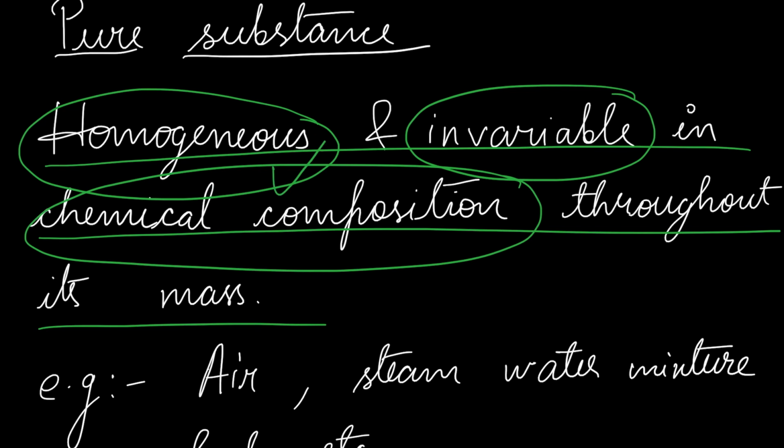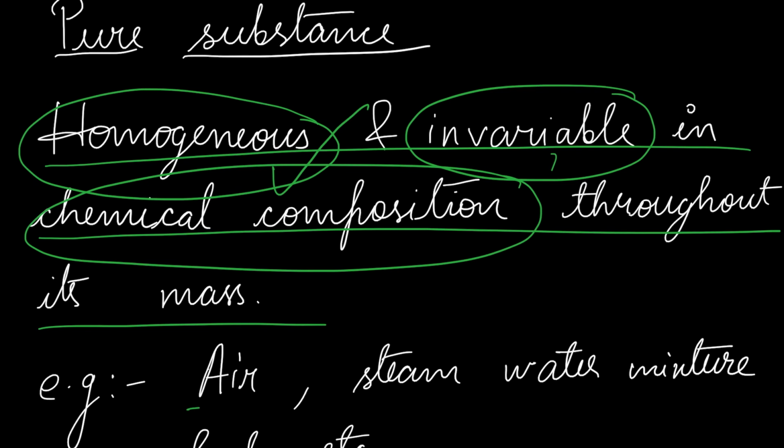So homogeneous we know from our last lecture. Homogeneous means, in chapter 3 we read, homogeneous means which has the same composition throughout. And we are talking invariable in composition. So invariable in composition, we will try to understand what this really means.